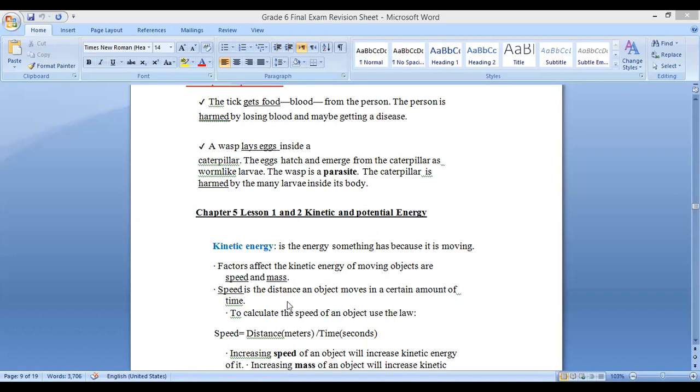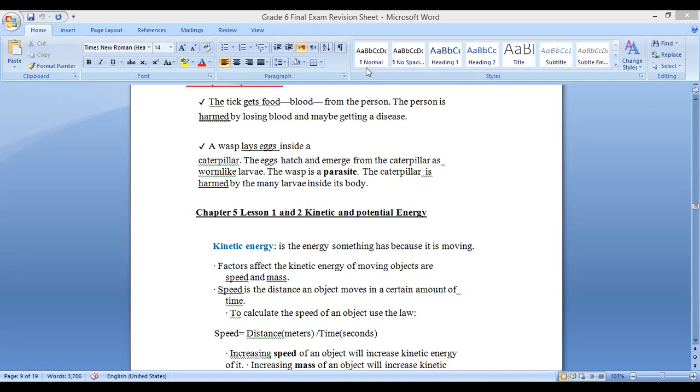More kinetic energy. Excellent. If you have more speed while you are moving, that means you have more kinetic energy. So this is the relation between kinetic energy and the speed.